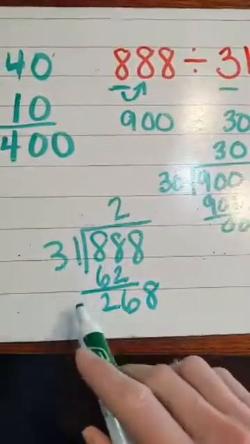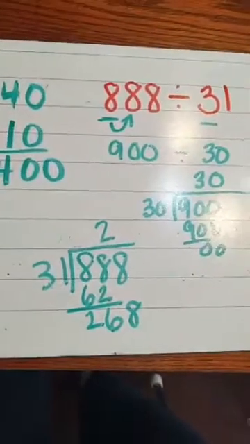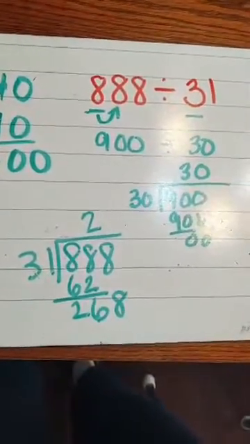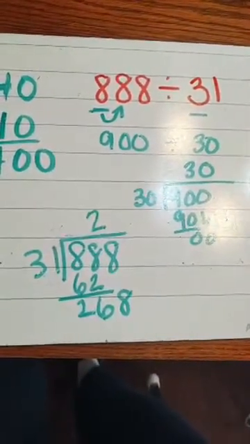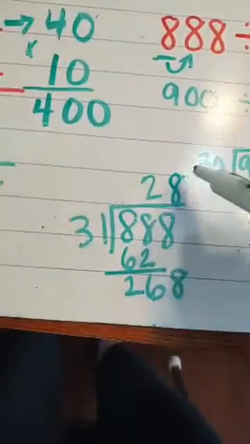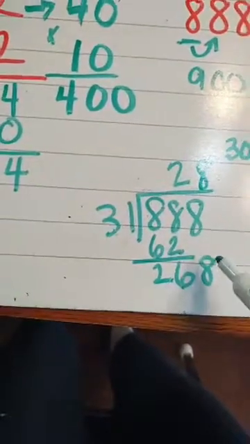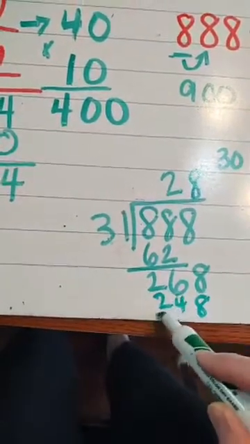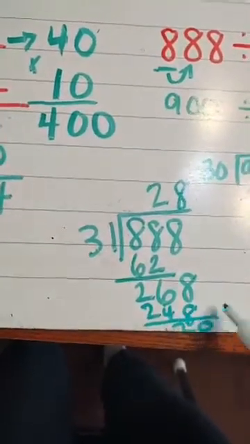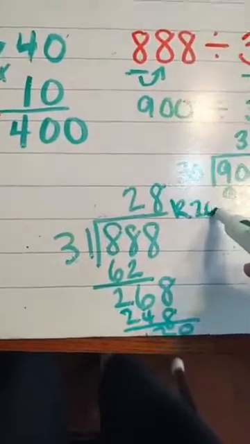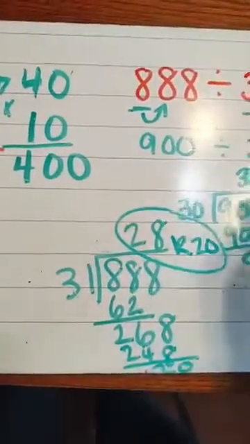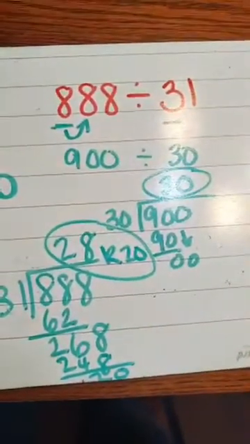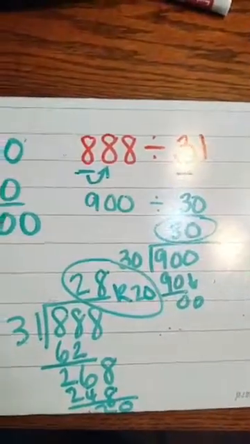I think about 3 and I think about 26. And I think, how many times will 3 go into 26? And I know that's going to go about 8 times. So I'm going to multiply. And I get that. And I subtract and I get 20 for a remainder. So are these two numbers comparable? You got it, they are.